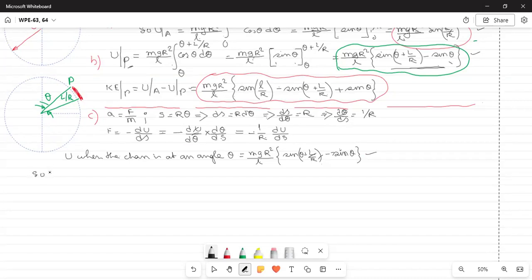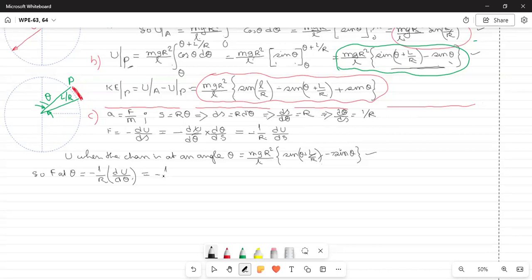So force at theta is equal to minus 1 by r du d theta. That means this function has to be differentiated with respect to theta. So what do we write?